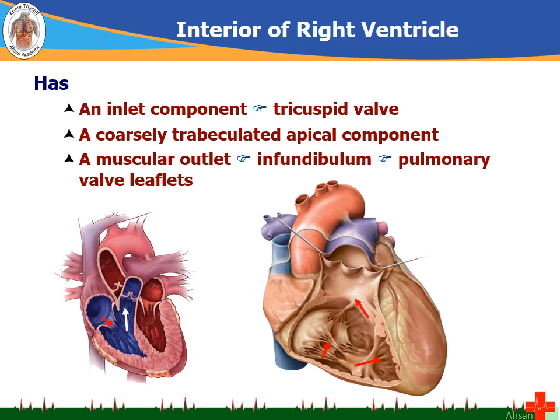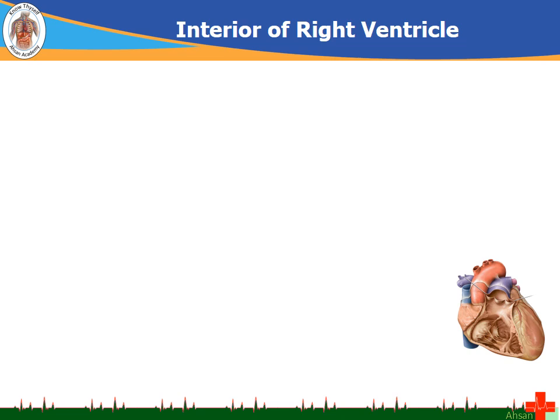This is guarded by the pulmonary valve, which controls the entry of blood from this compartment into the pulmonary trunk. This is the interventricular septum, the wall that lies between the two ventricles.